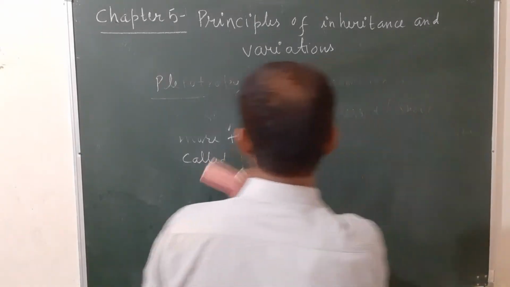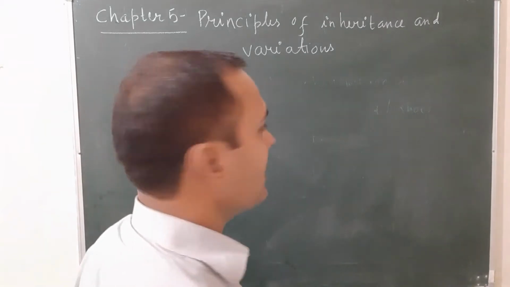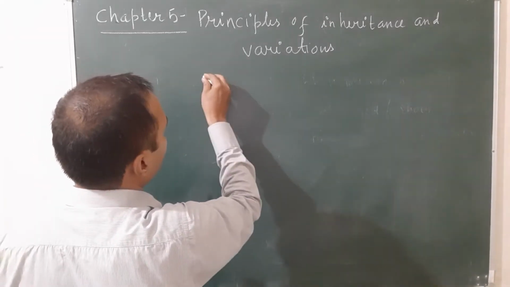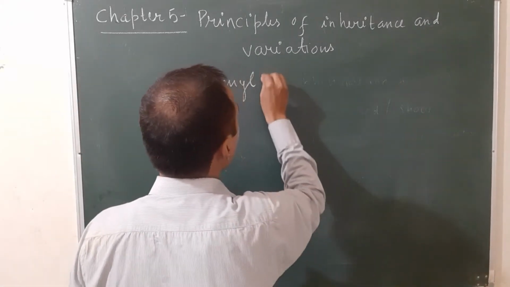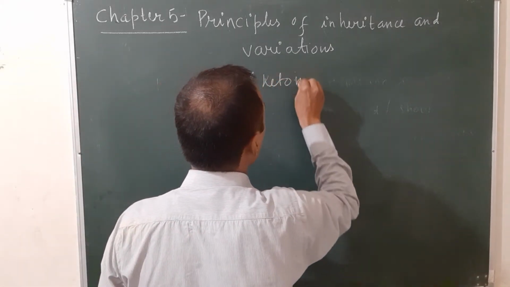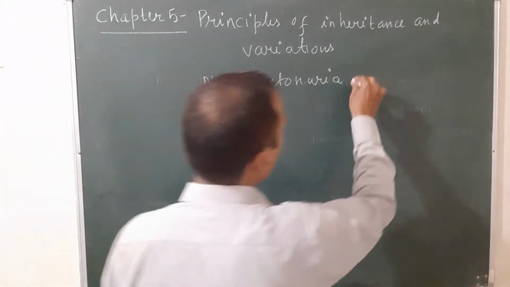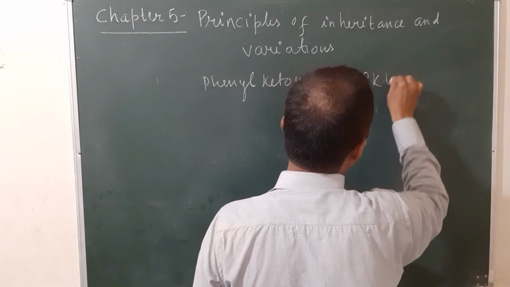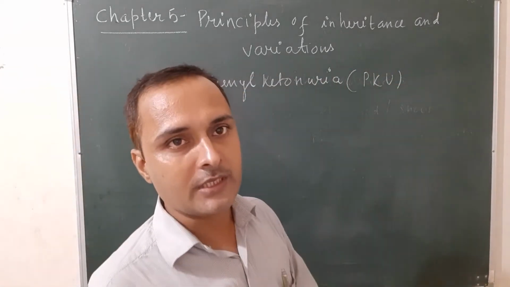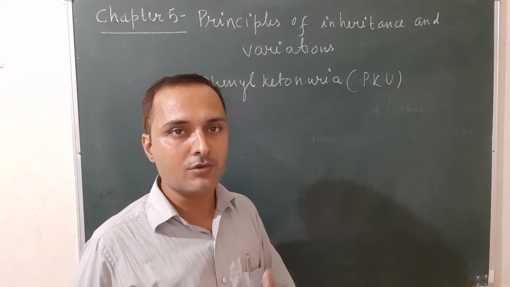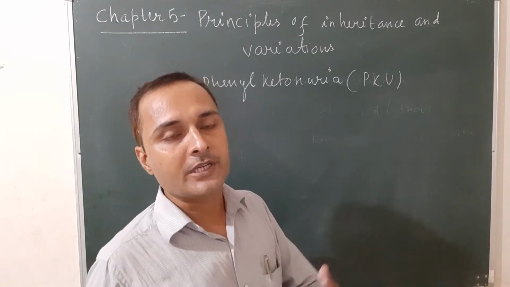You can see in case of the disease phenylketonuria, a kind of genetic disorder found in humans, in short PKU. In phenylketonuria, there is a storage of an amino acid known as phenylalanine that causes various harmful effects to the body.